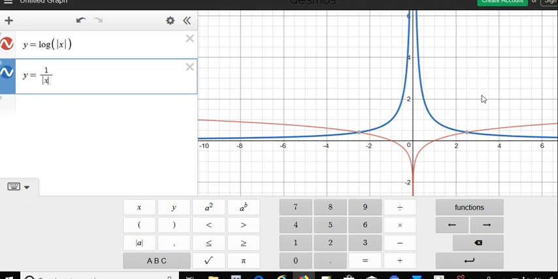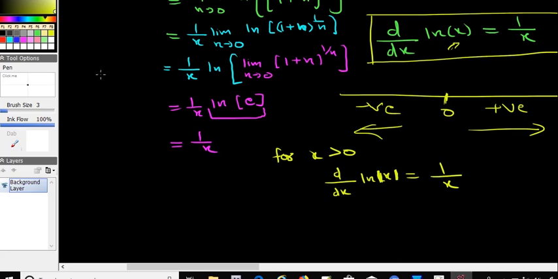Also you can see that the derivative is known as the slope of tangent, right? So this is our log x and this is its slope. This is showing the function of its slope. You know that the slope of a vertical line is not defined.